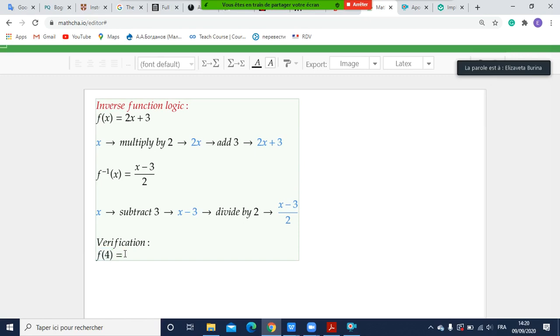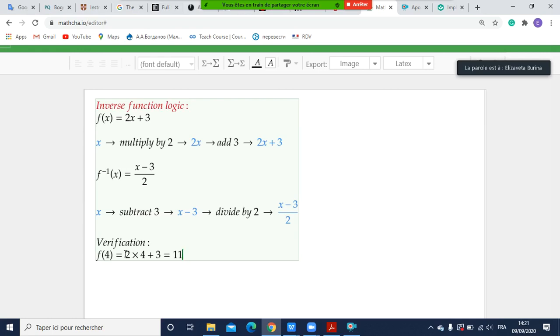Okay, so what we're supposed to do, we're supposed to do 2 times 4 plus 3, 11. Then, okay, that's cool. Why did I take 4? Just because, it's absolutely taken from the sky. I could take 2.